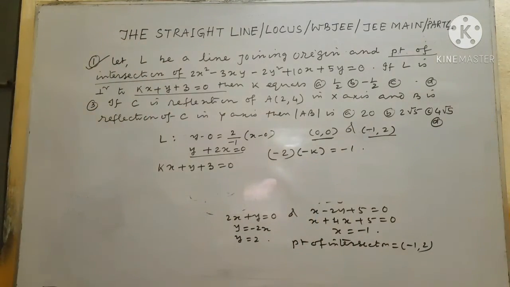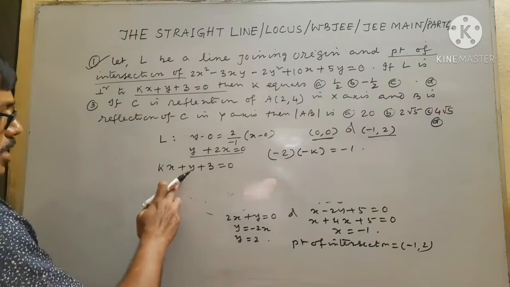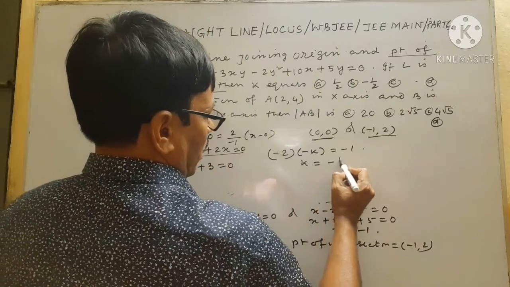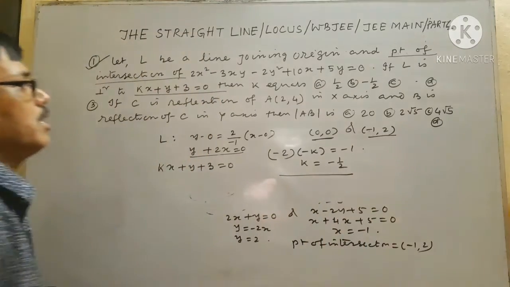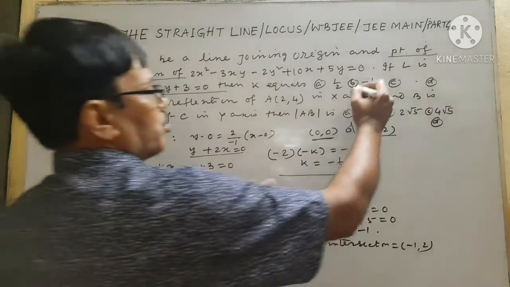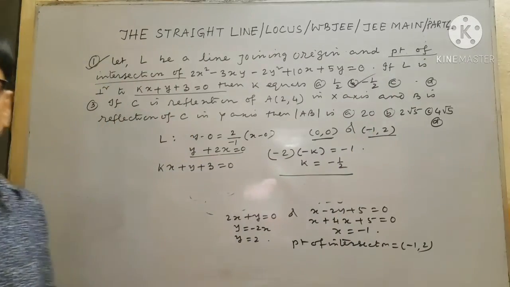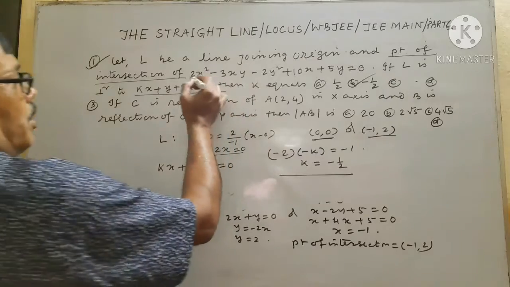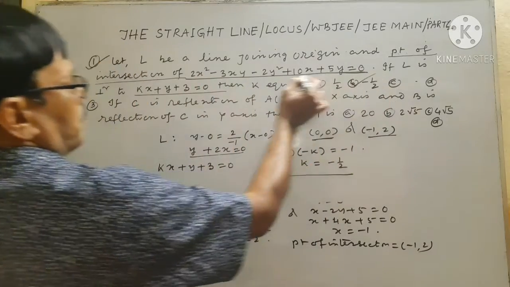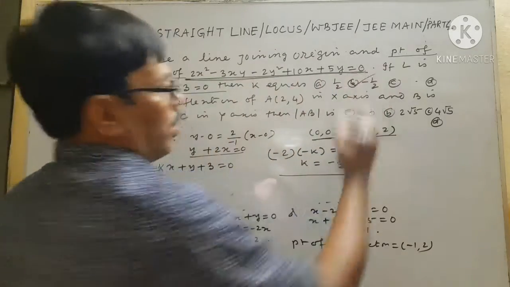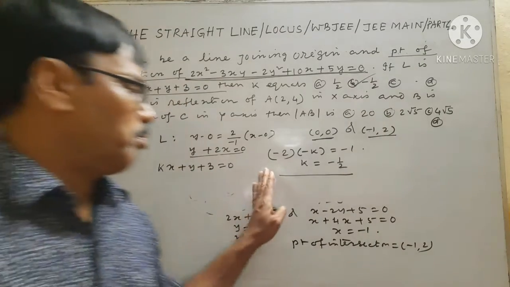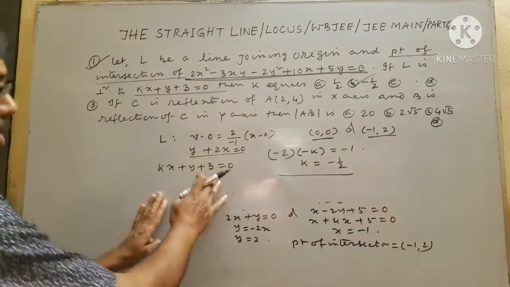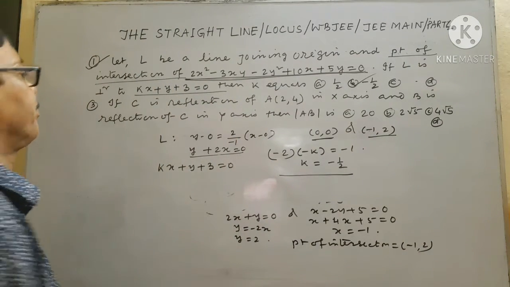So k equals to minus half. So the value of k is minus half. So this is a simple problem. This is a joint equation, a pair of straight lines, so you have to find the separate equations of the lines.